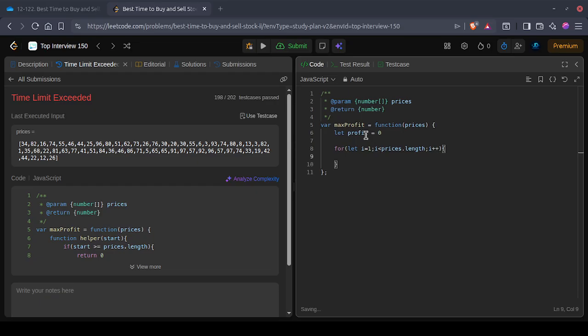So if today's price is greater than yesterday's price, we add the difference, means if prices of i is greater than prices of i minus 1, then profit plus equal to prices of i minus prices of i minus 1. And finally we have to return the profit.